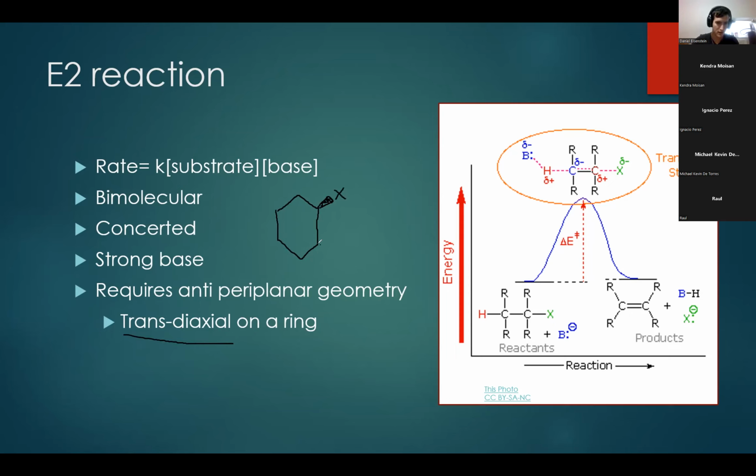If I have a methyl here, and let's say NaOH, all right, will my alkene form here, or will it form over here?